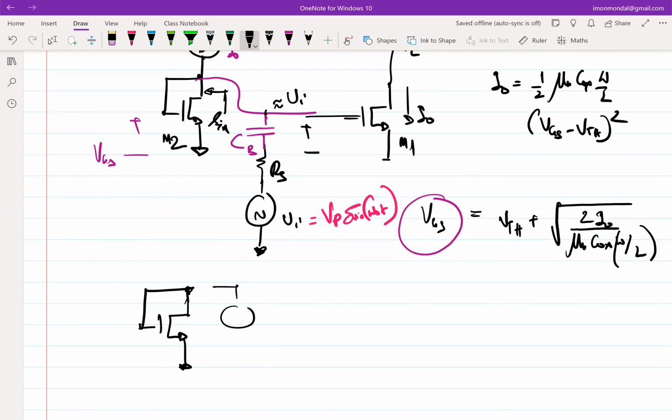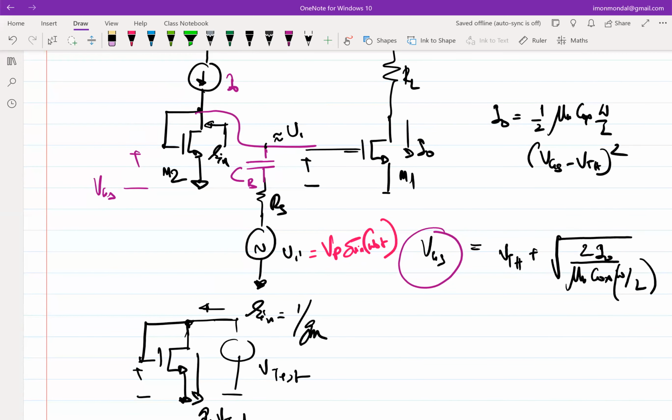If I put a test voltage here and figure out how much current it will draw, this test voltage appears across VGS, which means this current I test is GM times V test, which means this Rn is 1 over GM. Correct? So whatever I am seeing here, this resistance is 1 over GM.